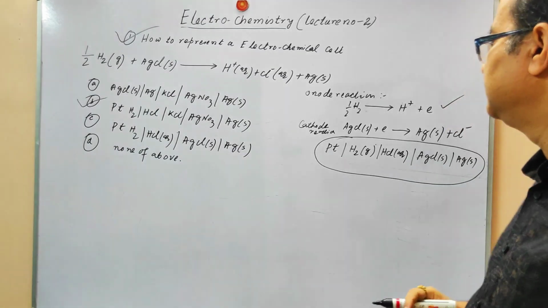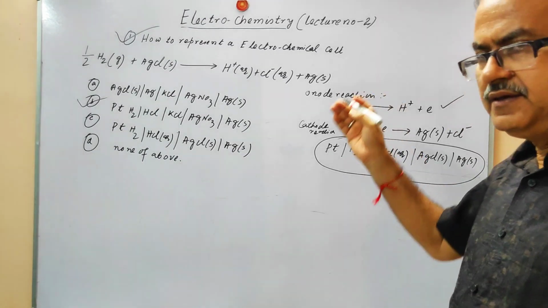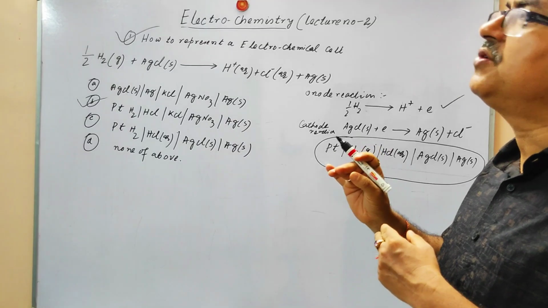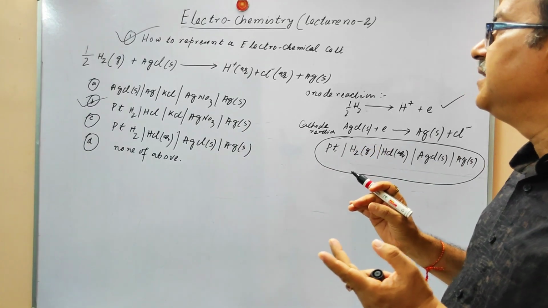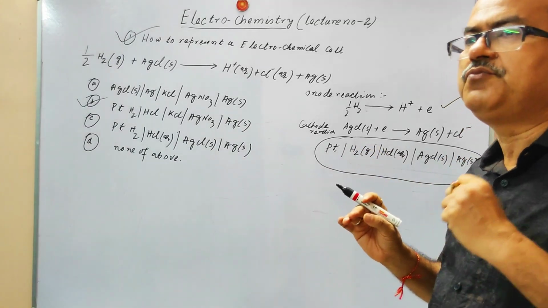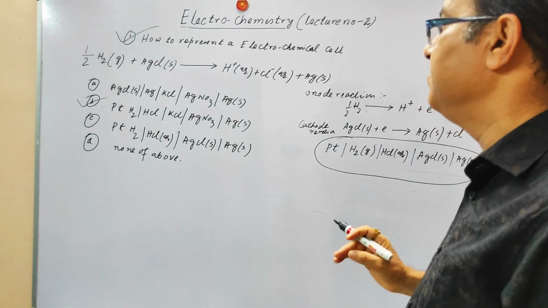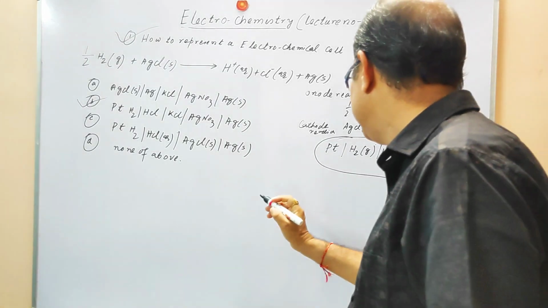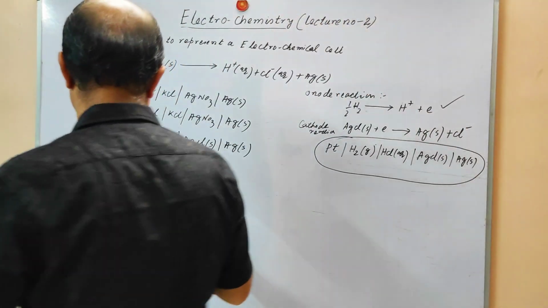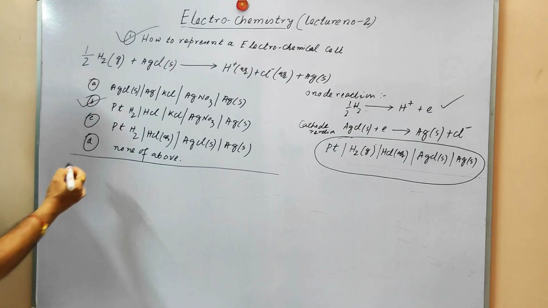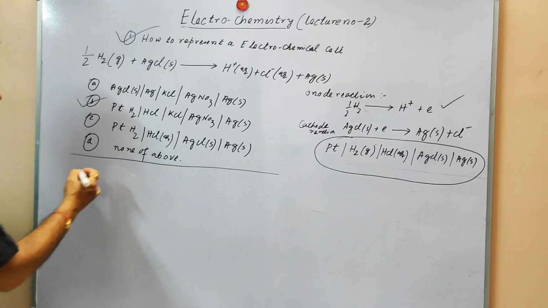Okay. Now here you have been given the reactions. Sometimes what will happen, you have been given the cell itself and you have to say which reaction will be going on in that cell. So now we are going to discuss this. The cell is given here, suppose.